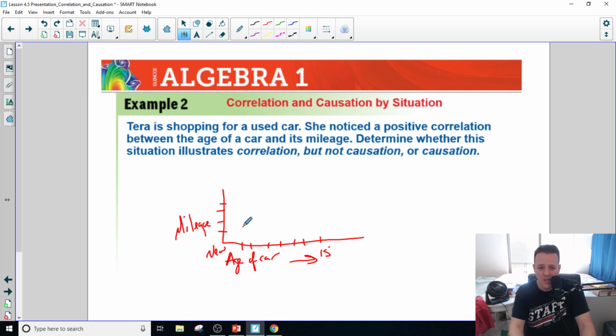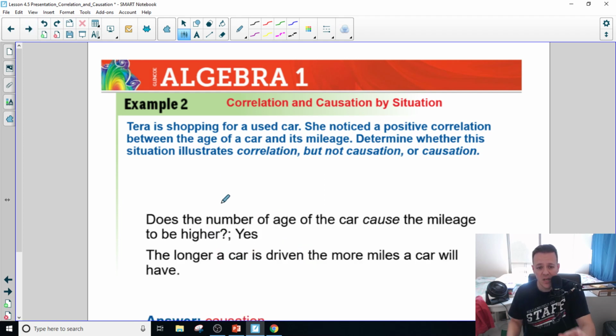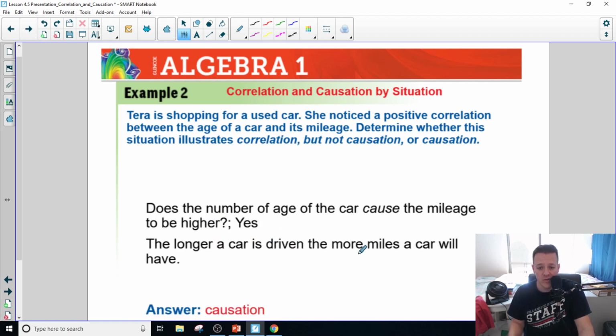She's noticing that if I were to graph the points, the older the car is, the more miles it has. So that's a positive correlation. Now, is it a causation? The answer to this would be yes, because the longer the car is driven, the more miles a car will have.